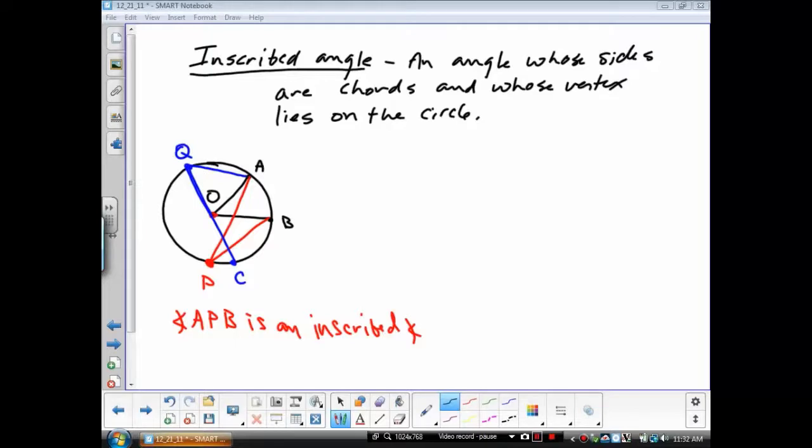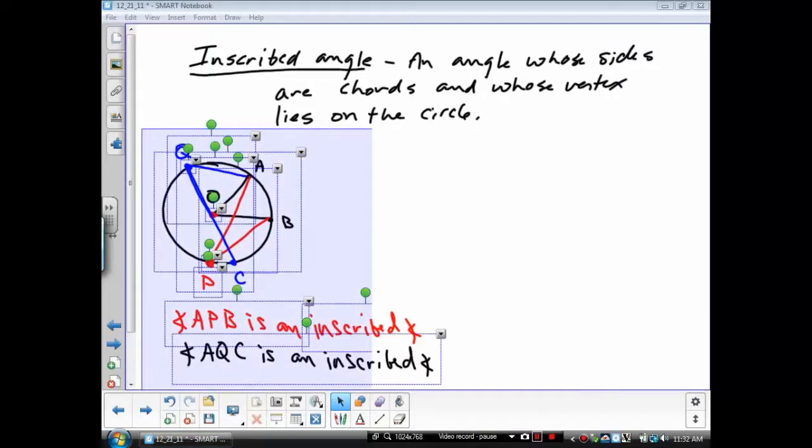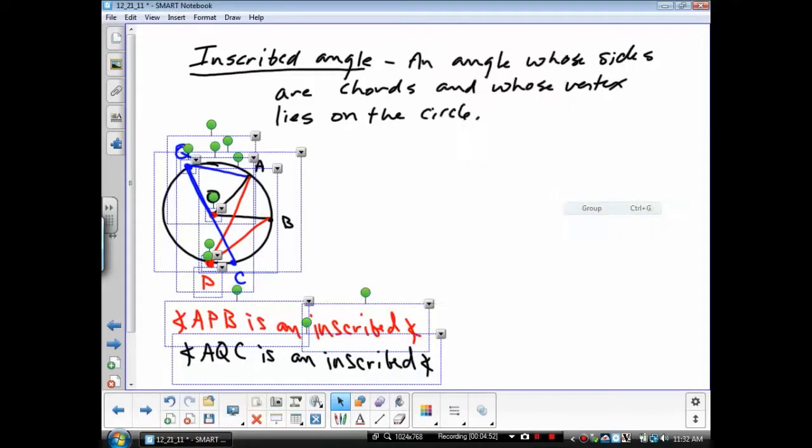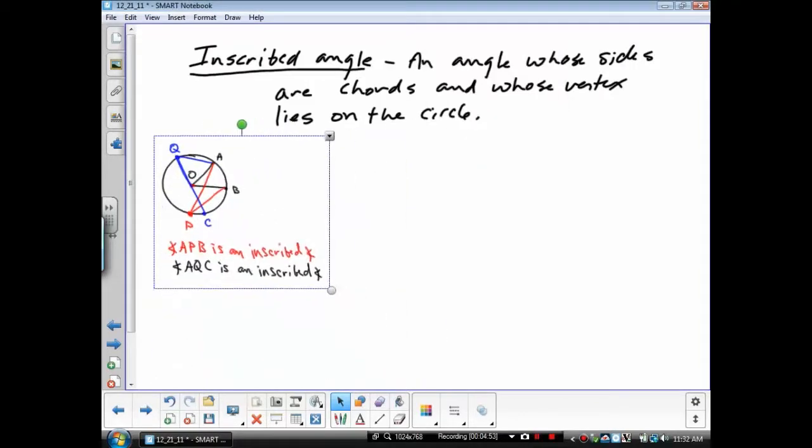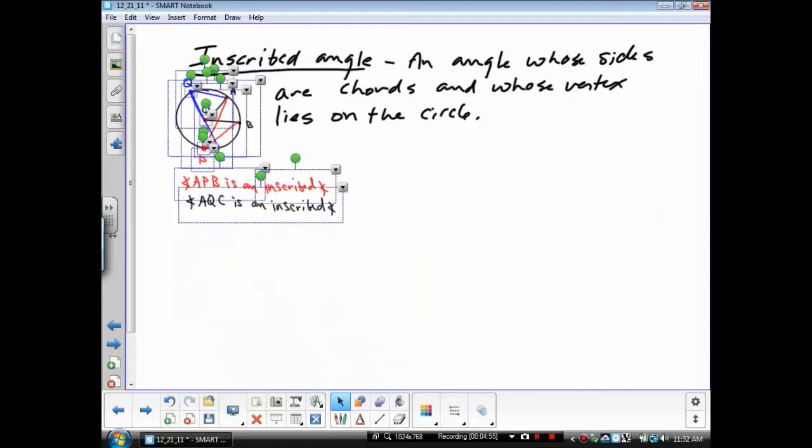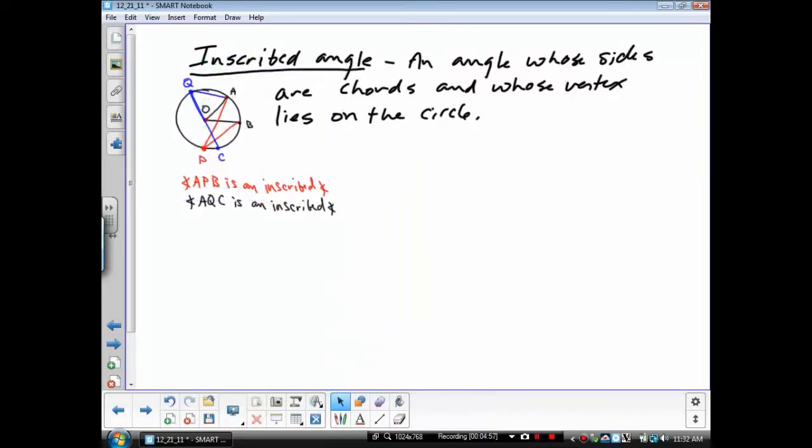So my examples here, angle APB is an inscribed angle, and angle AQC is an inscribed angle.